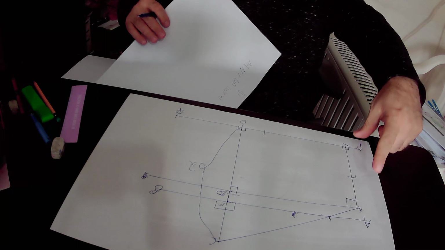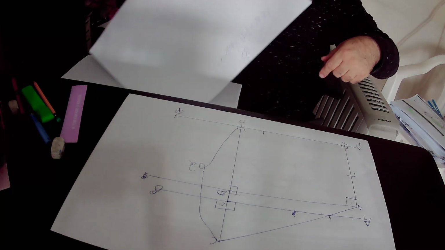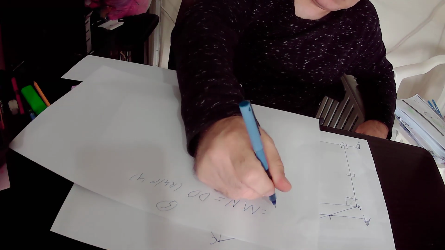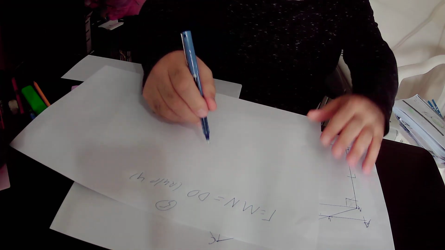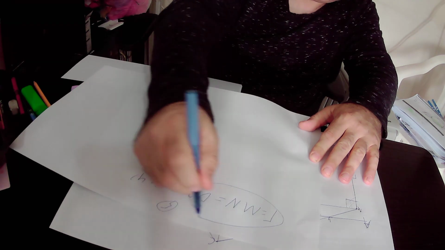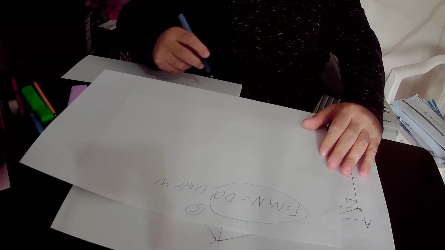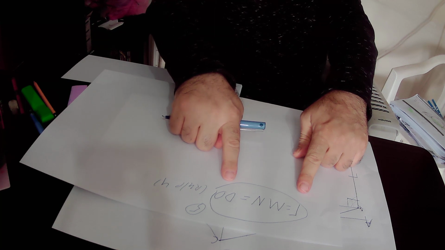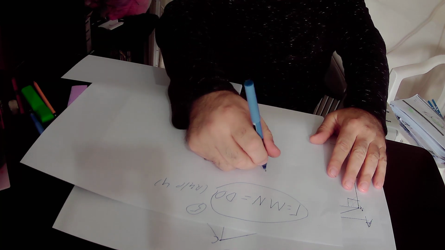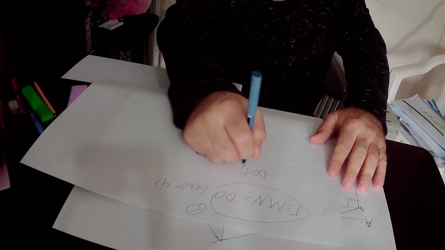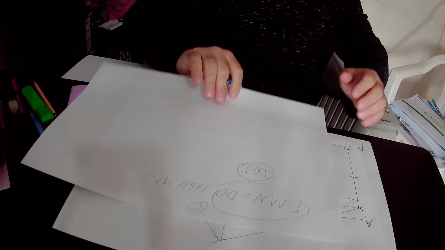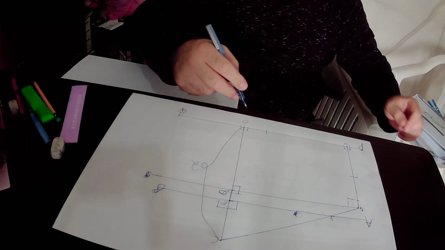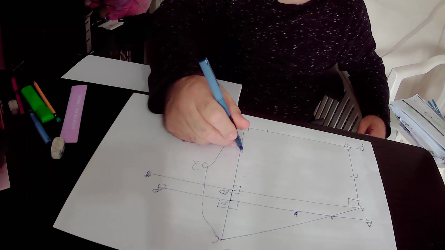But we know also that MN equals R, the radius of the same circle. So from this equality, we conclude that DO equals R.